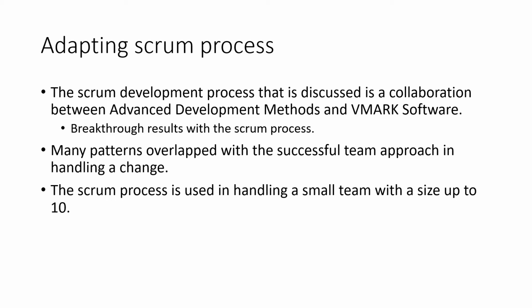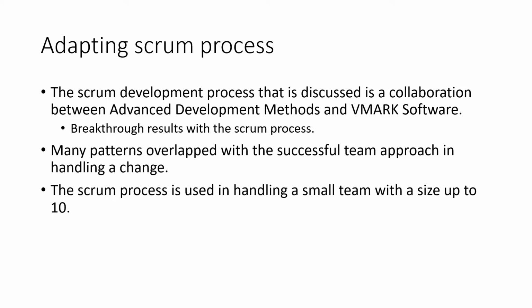So, adapting to the Scrum process. The Scrum development process adopted by AG Communications was developed in collaboration between two teams, Advanced Development Methods and VMark Software. They had a very high level of success with this process. When they compared the process that had been developed with the process followed by the most successful teams within the NBOs, there was an overlap between them.